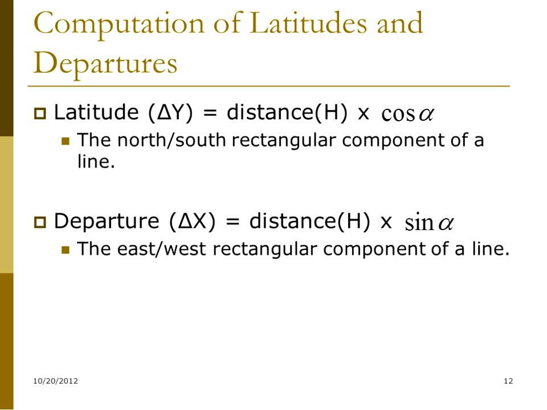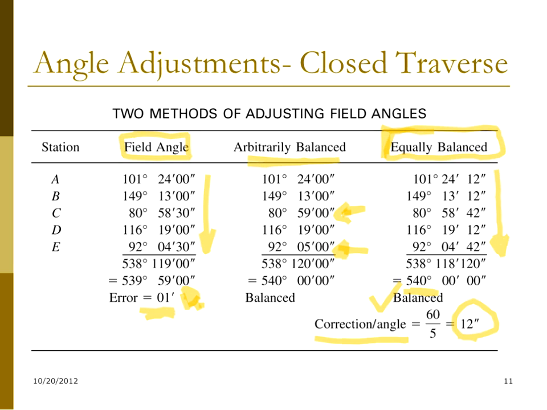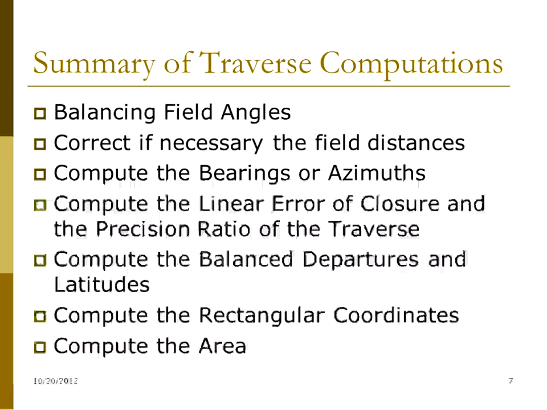Okay. So now what we need to figure out, if we look back at our list, there we go. So we did this. We can check our little box here. We balanced our field angles. We're not going to worry about this for the moment. So the next thing we're going to need to do is compute our bearings and azimuths.